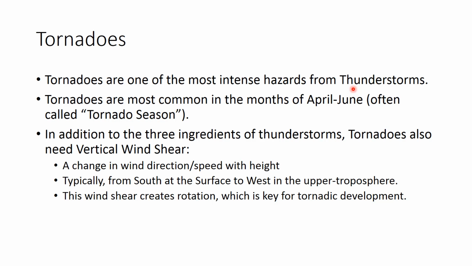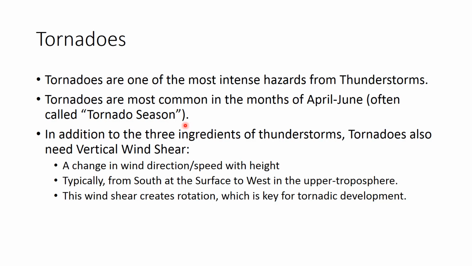Now, with that said, what makes the difference between a typical thunderstorm type of setup and a tornado setup? Well, in order for you to have tornadoes, you still need the same conditions that you had with thunderstorms. But you need a few more things. And those few more things in particular are what is called vertical wind shear.